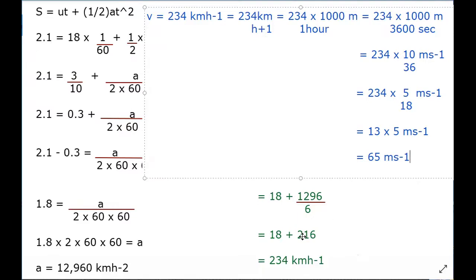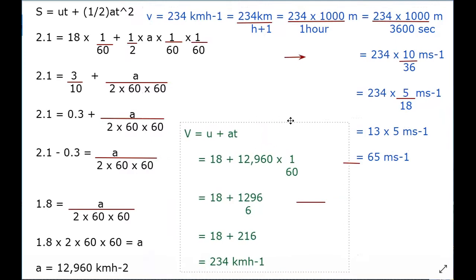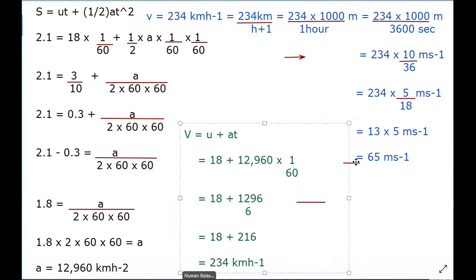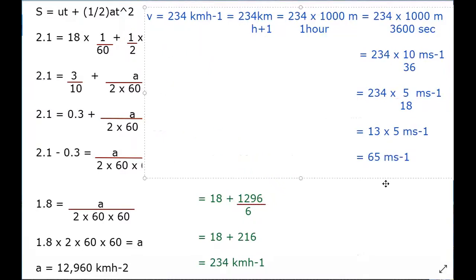Who got this answer? Okay, very good. 65 meter per second.